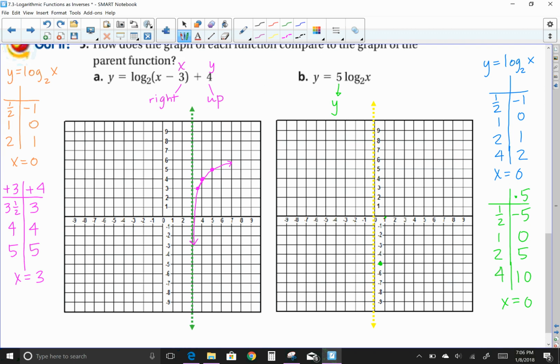At 1, I'm at 0. At 2, I'm at 5. And 4, I'm at 10. So you can kind of hopefully see this is a definite vertical stretch factor. It really stretched it out. And there's our graph.